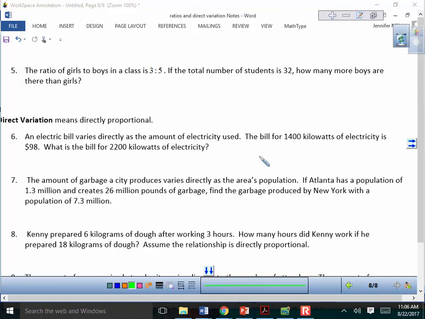What two things are we comparing here, Brianna? So what are the two different things we're looking at? Take your time. If you need to read it again, read it again.